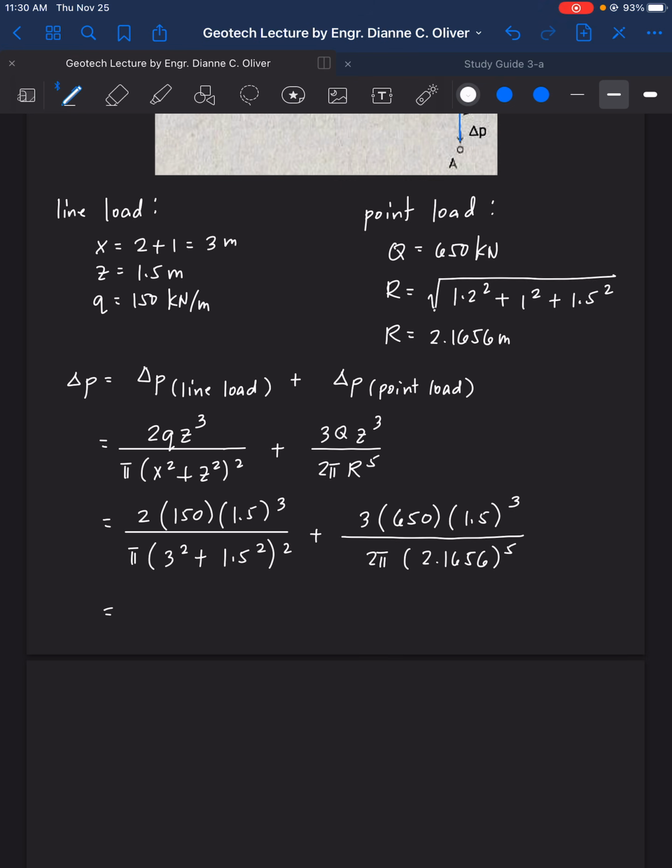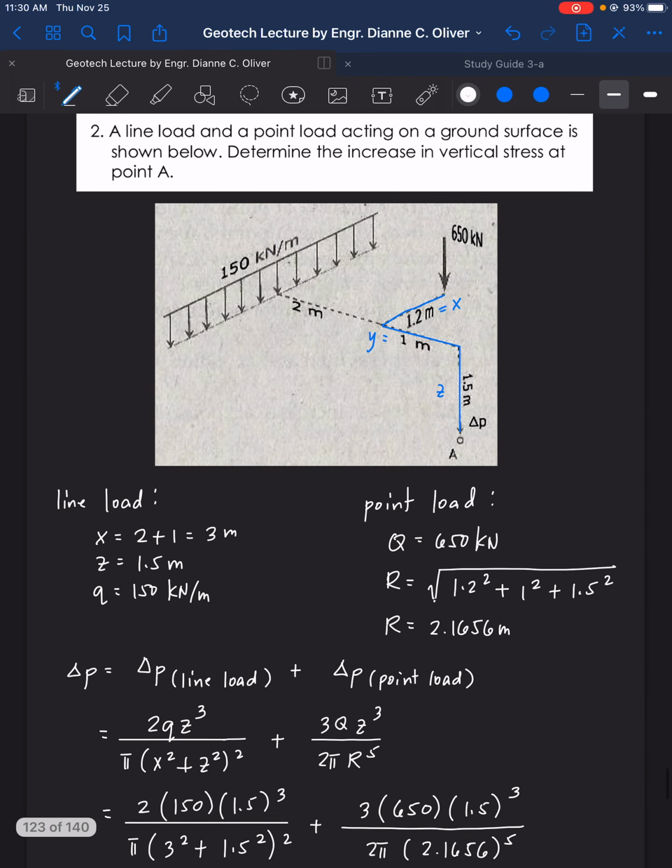So delta P is now equal to 24.537 kilopascal. So that's for number 2.